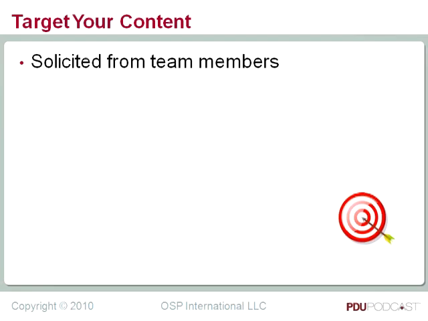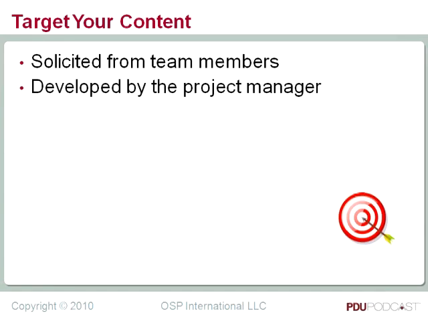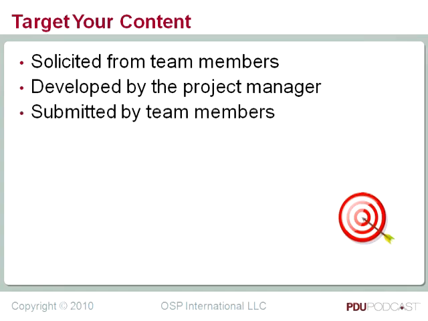Good content management comes by targeting your content, and you do that by soliciting from team members what needs to be covered or what they would like to be covered. You develop that yourself. There's certain things that you want to cover. You have the team members submit the content that they would like to have covered in the meeting.